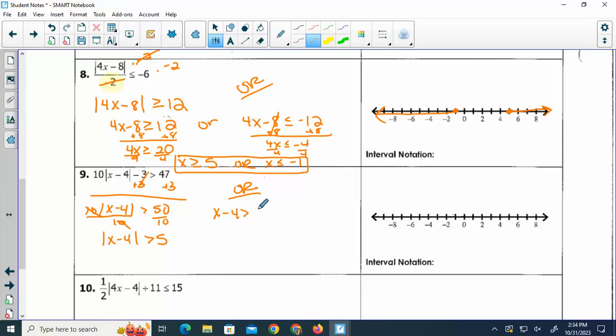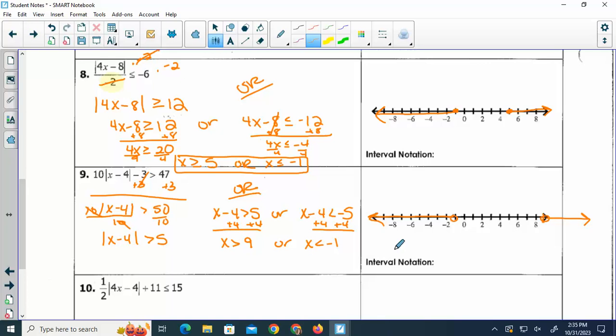So x minus 4 is greater than 5, or x minus 4 is less than negative 5. Add the 4. So x is greater than 9, or x is less than negative 1. Kind of ran out of space on my graph, but greater than 9 would look like that. Less than negative 1 would look like this. Does that make sense to everyone?